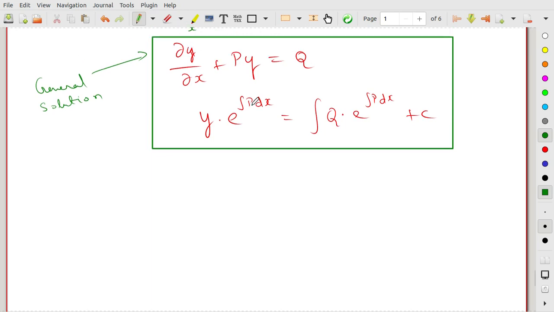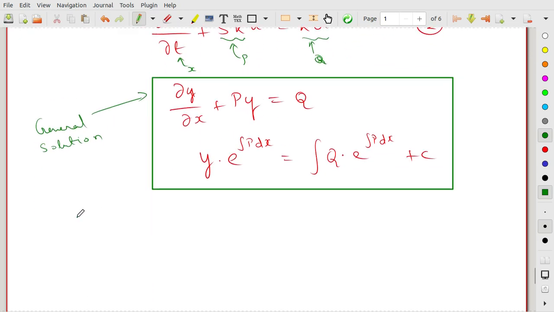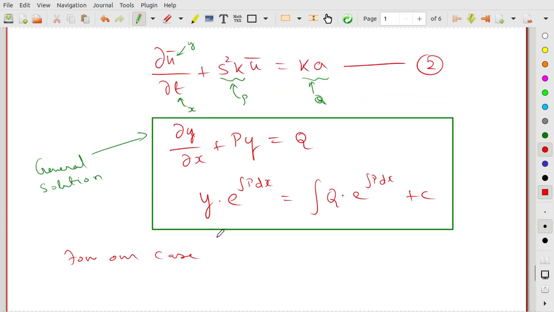First try to find this integral p dx. For our case, p equals s square k.